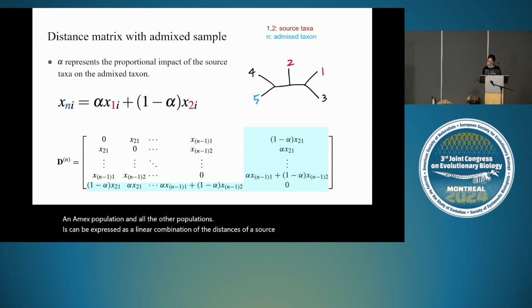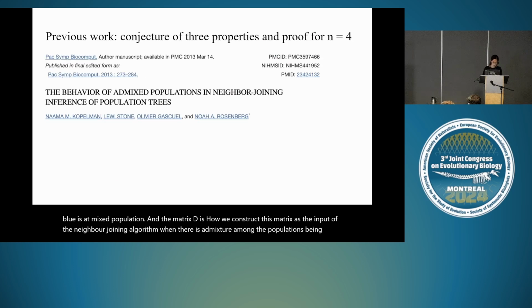The coefficient alpha represents the proportional impact of the source taxa on the admixed taxon. In the picture, the taxa colored in red are the source populations, and the taxon colored in blue is the admixed population. And the matrix D is how we construct the distance matrix as the input of the neighbor joining algorithm when there is admixture among the populations being studied.